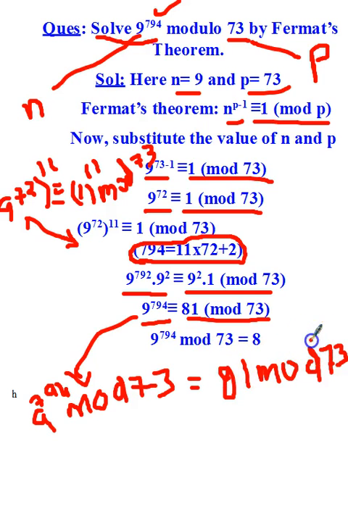What is 81 mod 73? It is easy to calculate. It is only 8. So 9 raised to the power 794 mod 73 will be 8.